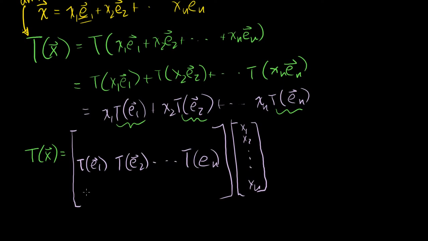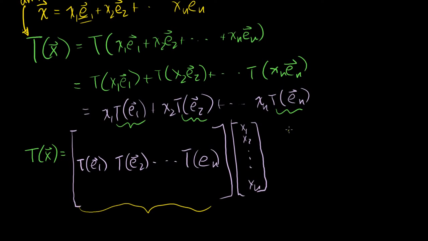Now what's really, really neat about this is I just started with an arbitrary transformation. And I just showed that an arbitrary linear transformation of x can be rewritten as a product of a matrix, where I'm taking that same linear transformation of each of our standard basis vectors, and I can construct that matrix. Multiplying that matrix times my x vector is the same thing as this transformation.